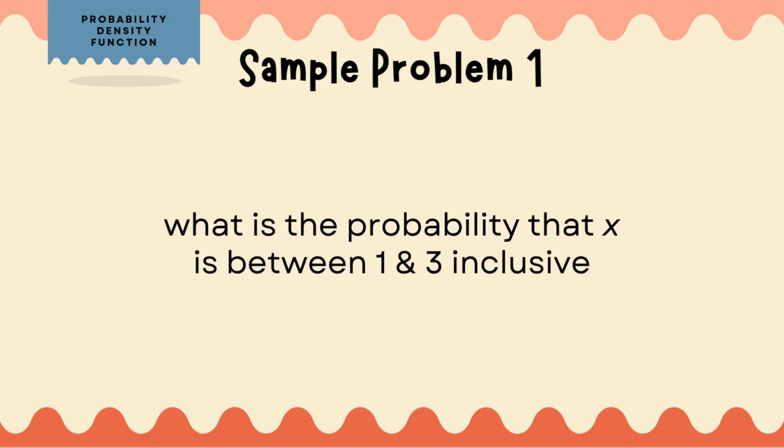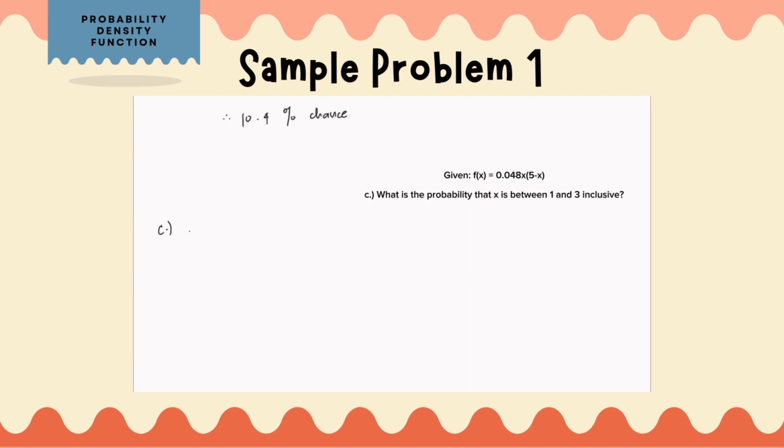Now for letter C, what is the probability that x is between 1 and 3? So this is just going to be a definite integral from 1 to 3. This is the same process as letter B, but your function is between 1 and 3.